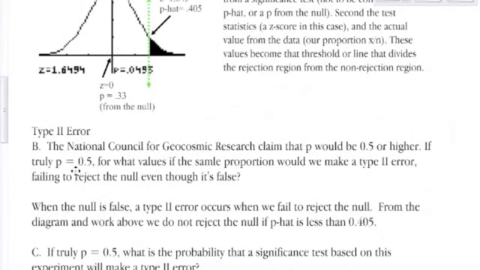But if this is the true value, then I'm failing to reject a false null. We believe it to be 0.3 or 0.33, but they say it's 0.5. So the question is, if it is 0.5, what's the probability that I'm going to detect that this really is the true mean?